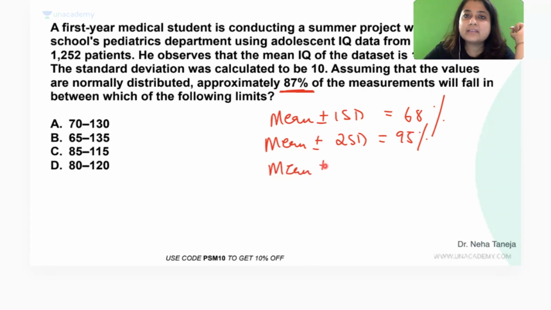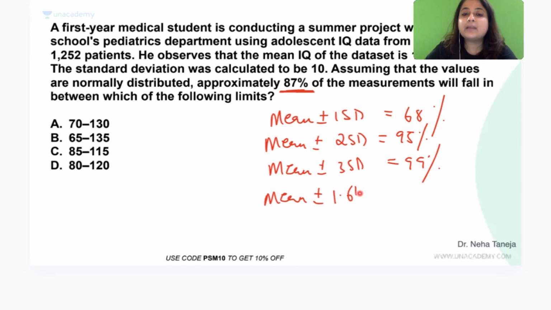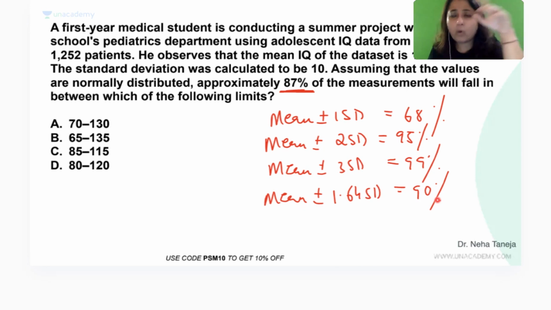And mean plus minus 3 SD covers 99%. One more thing I told you, because it was asked: mean plus minus 1.64 SD covers 90%. So what does this mean? That now you have to learn for every percentage, 87, 88, 89. It's not possible that you can learn everything. So how can you figure it out from here?